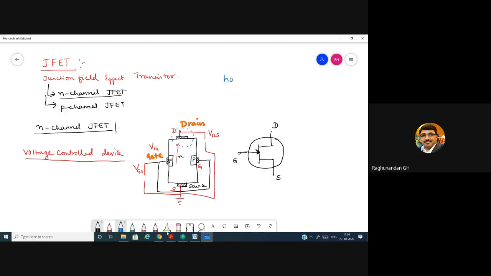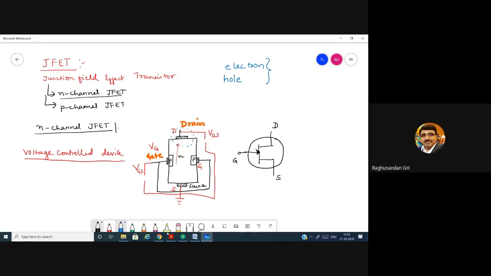One question I wanted to ask: whether a hole is a charge or not. Sir, it's a charge carrier, not a charge. Okay, then what about the electron?